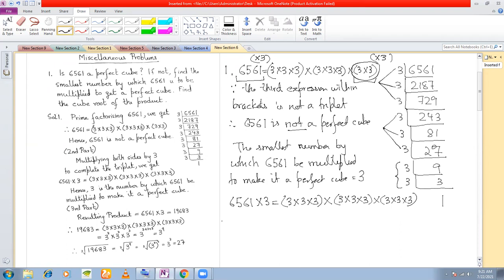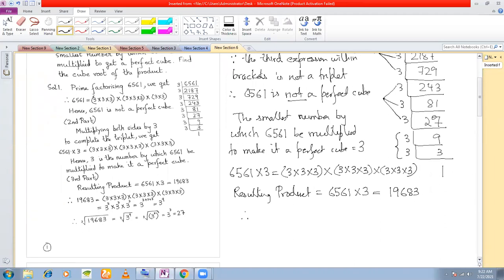What is the resulting product here? 6561 into 3 is equal to 19,683, right?